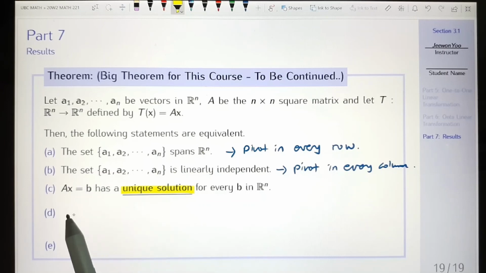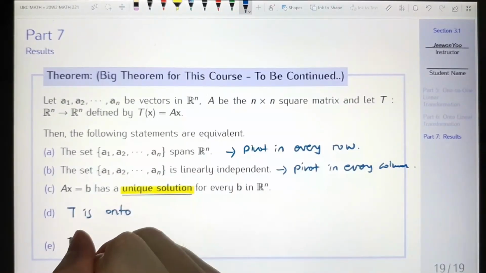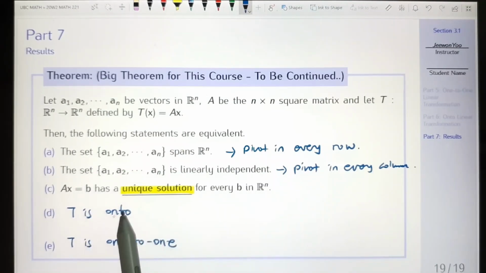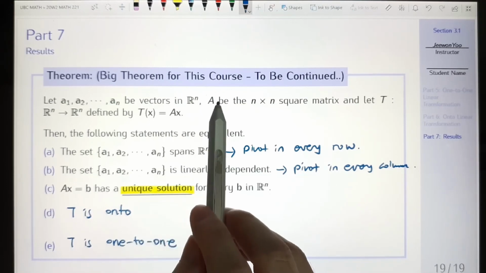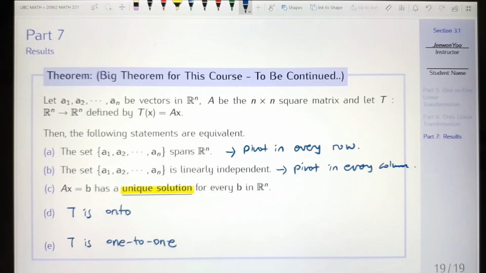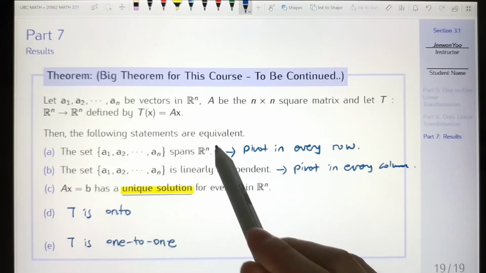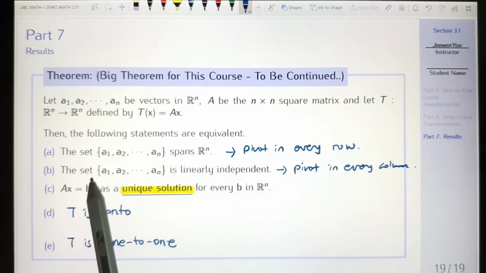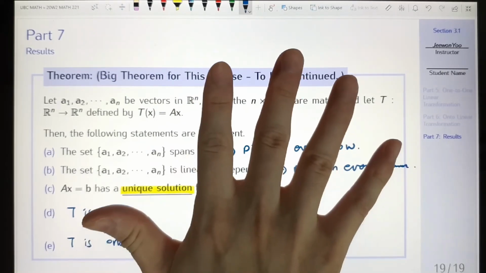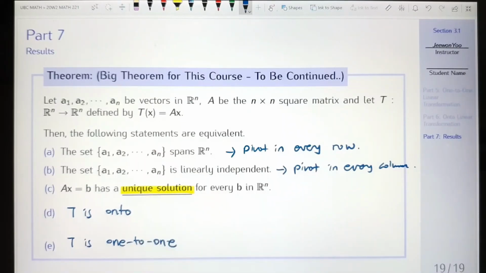So if you have pivot in every row and every column, then we can say T is onto because we have pivot in every row. T is 1-to-1 as well because we have pivot in every column. So having matrix A to be square, then we have lovely situations. Each of the statement A, B, C, D, E, all of the 5 statements here are equivalent.